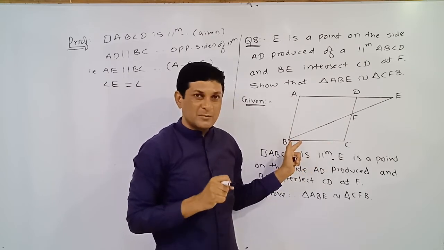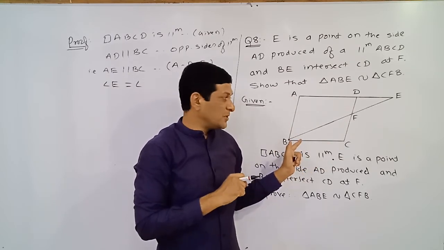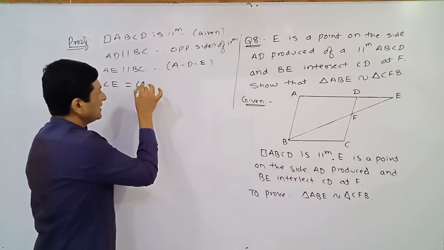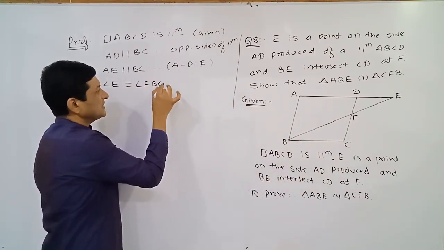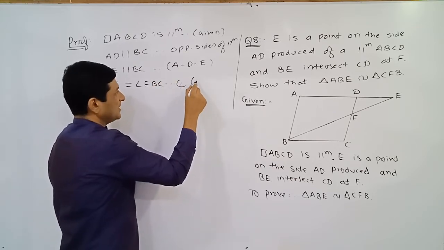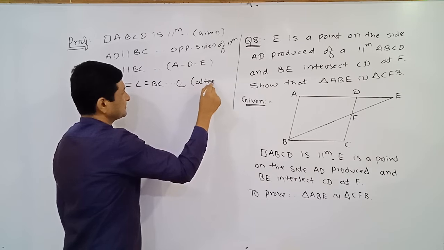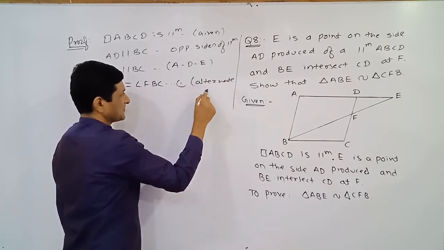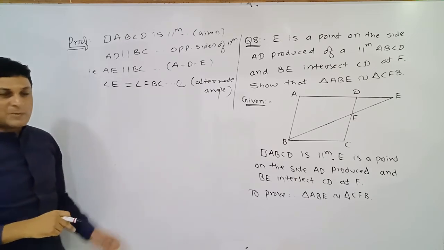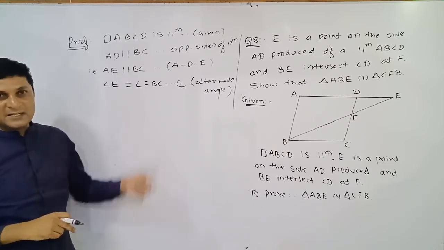So we are not able to say that it is angle B, so we have to denote it by angle FBC. Let us denote it by equation number first, and this is a pair of alternate angles. Since these two lines are parallel, we can say that this pair of alternate angles is equal.